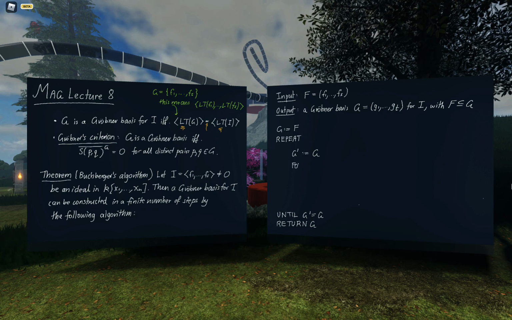Then we're going to look through all pairs in G prime. So for each pair P, Q, well, yeah, okay, I guess there's a subtlety here.